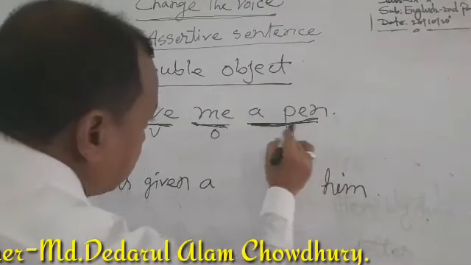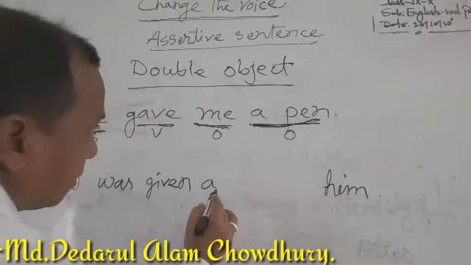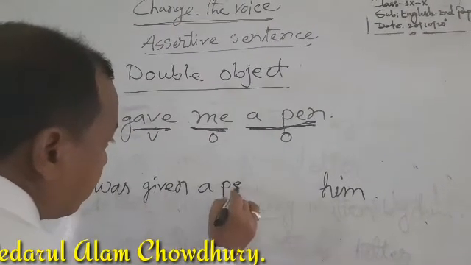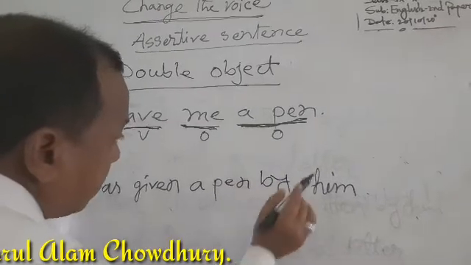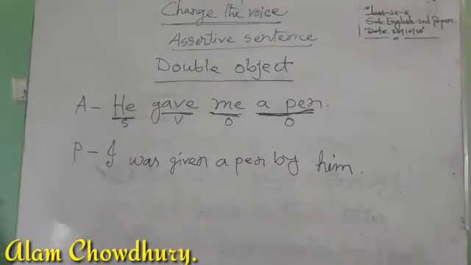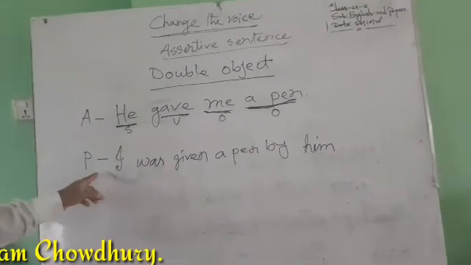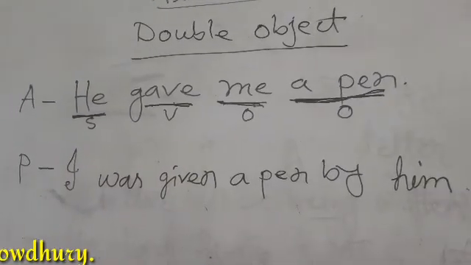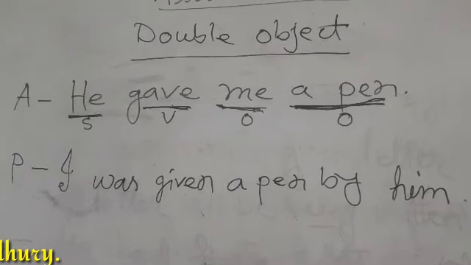Second object remains in the same place, by him. So our passive is: I was given a fan by him.